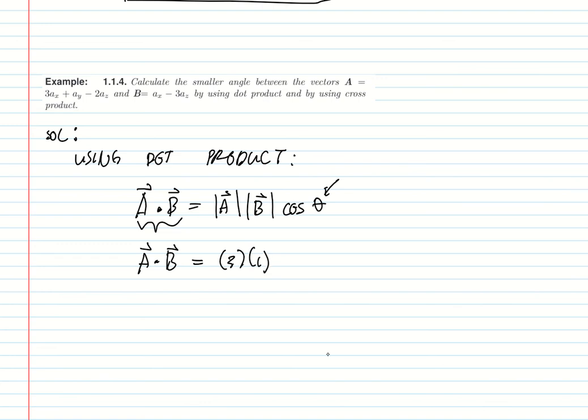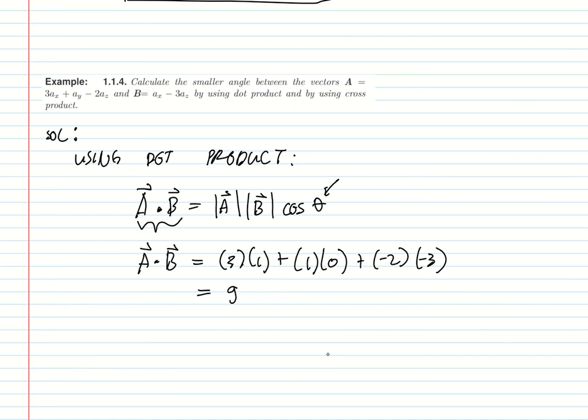For A, in the y component, plus 1, then B has no y component, so you multiply it by 0. Then lastly, the z component of A is negative 2, and you multiply it with the z component of B, which is negative 3. Then we compute this: 3 plus 0 plus 2 times 3, 6. 6 plus 3 is equal to 9.